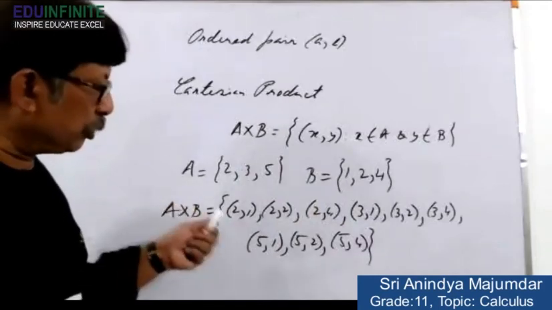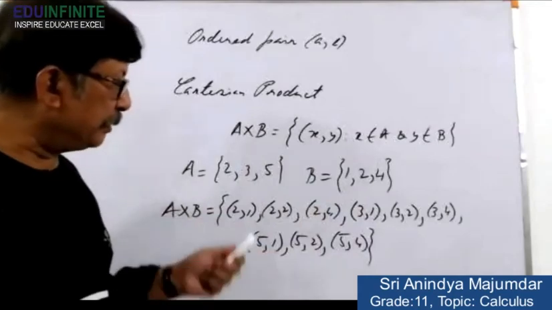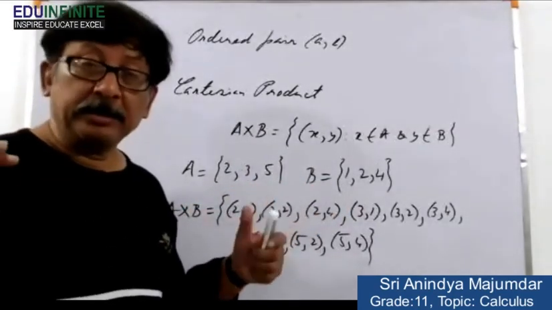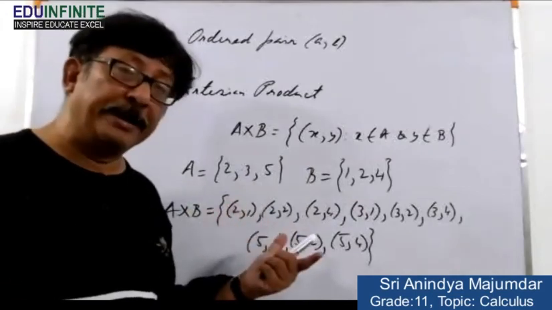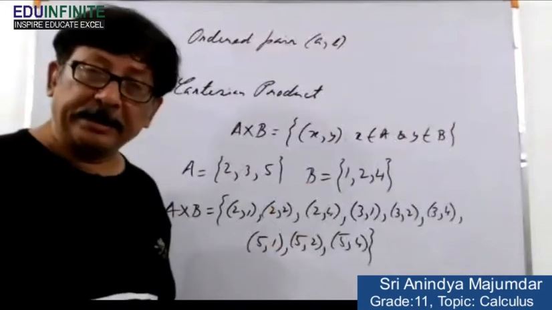Number two, total number of elements. You just find it is 9 out here. That is, if it is 4 and if it is 2, total number of elements, then A cross B will contain 4 into 2, 8 elements. If it is 3 and 3, 3 into 3, 9.